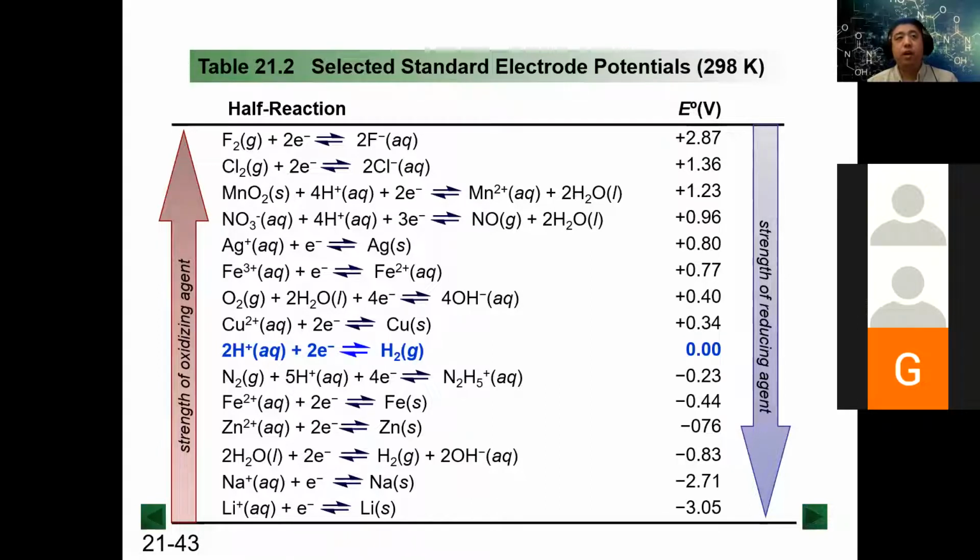Okay. I'm looking at silver and copper. I'll just circle them for you so you can see it. Which one is going to be my cathode? Which one's going to be my anode?